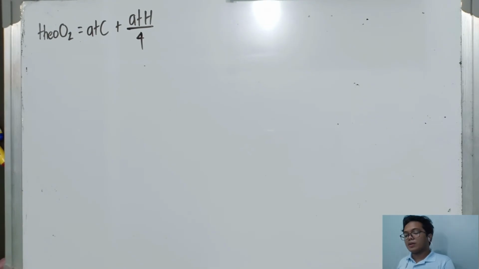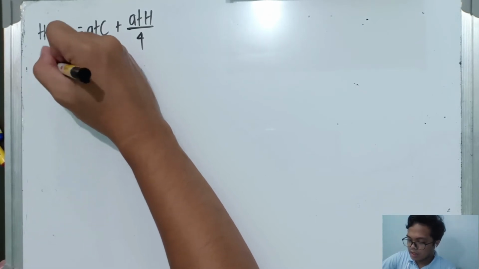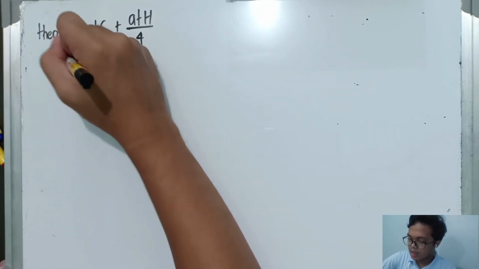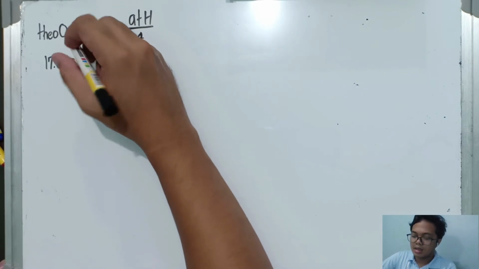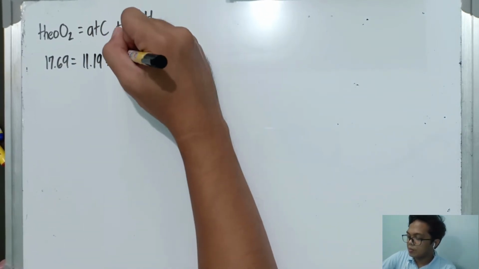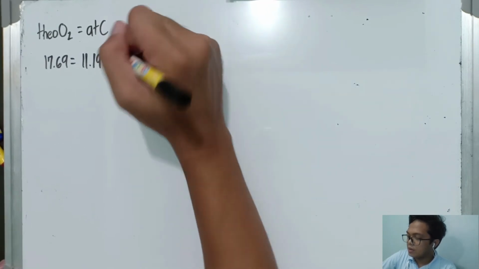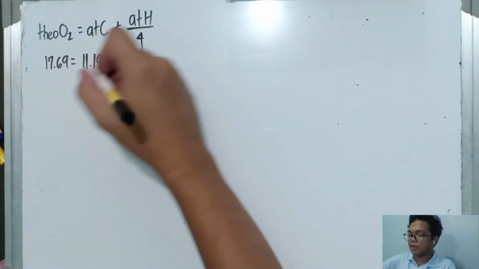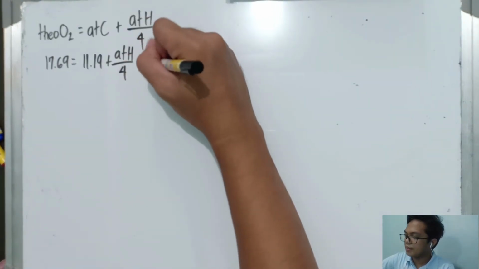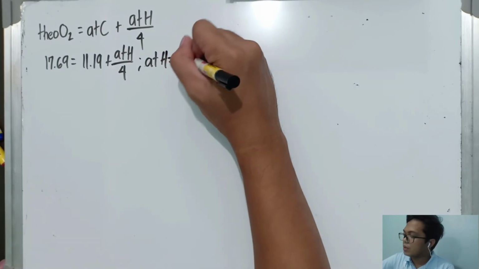We already have our theoretical O2 as well as our at H, wherein our theoretical O2 is 17.69 and our at C is 11.19. So plus at H over 4. Okay, rearranging the formula, we can get our at H. And our at H here is equal to 26.